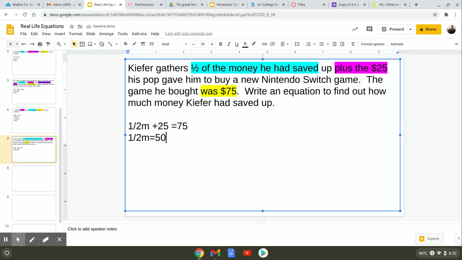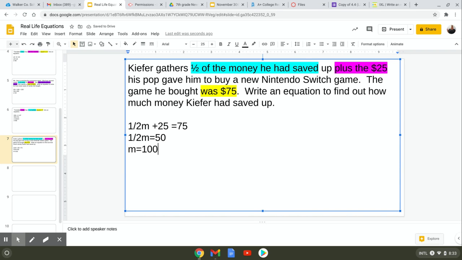Then we need to get rid of this half. So right now m is being multiplied times 1/2. So in order to divide both sides by a fraction, we flip it and multiply. So we're going to multiply both sides by 2, and we will get m is equal to 100.